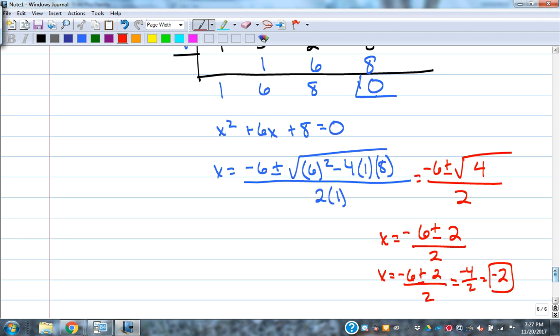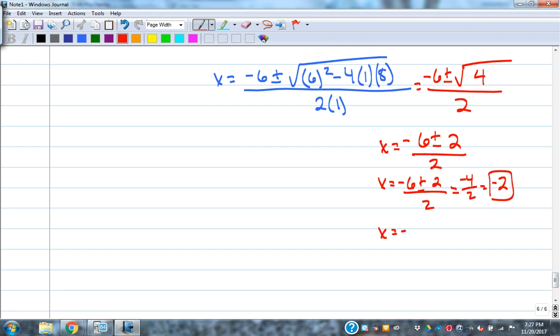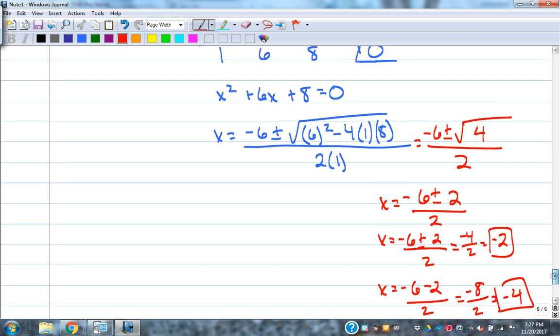We knew that would happen. And then negative 6 minus 2 is negative 8 over 2, which is negative 4. We knew that would happen too. Okay, so our zeros are x equals 1, x equals negative 2, and x equals negative 4.